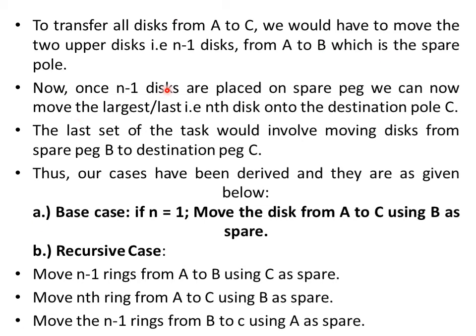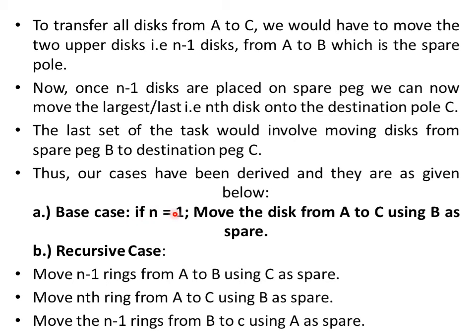Once the n minus 1 disks are placed on the spare peg, we can move the largest, that is the nth disk, onto the destination pole C. The last step involves moving the disks from spare peg B to the destination peg C. Thus, our cases have been derived.